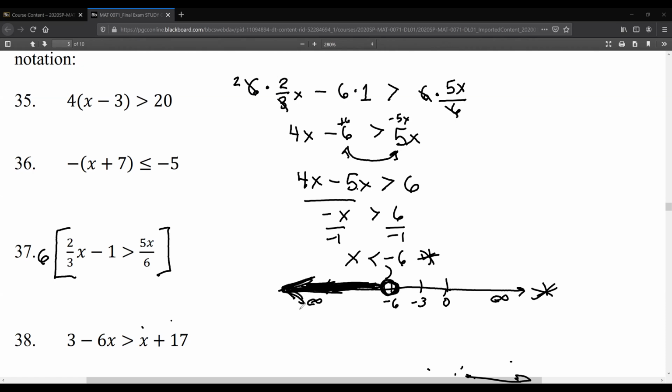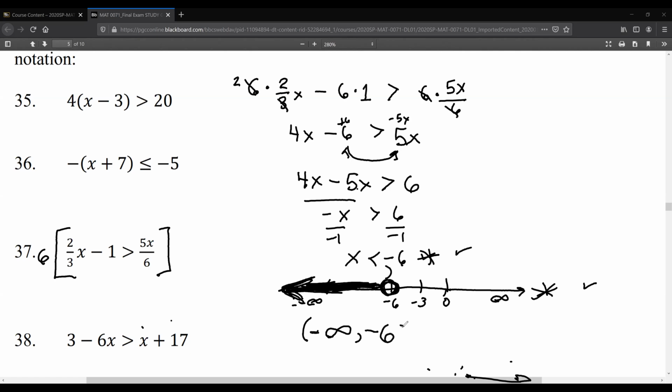So now let's look at the interval notation. You have the solution, you have the graph. For the interval notation, look at the graph: it goes to the left, so the left endpoint is negative infinity. And the right endpoint is going to be what? -6.